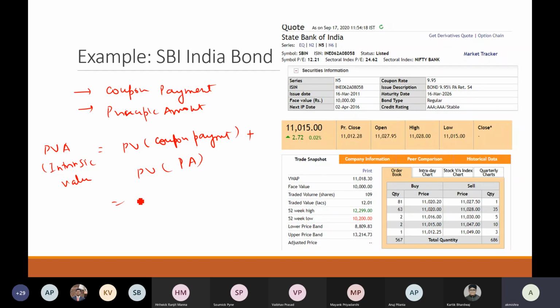And for the coupon payment, your amount is nothing but your annual coupon, times 1 minus 1 plus R to the power N, where R is 8% and N is 15, plus your face value divided by 1 plus R to the power N. So this is going to be the present value of this bond.